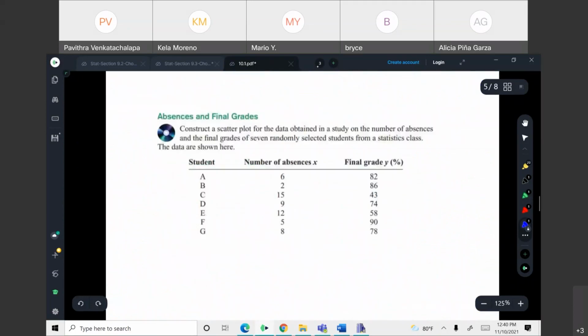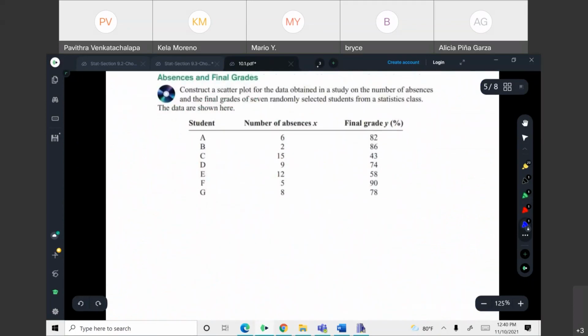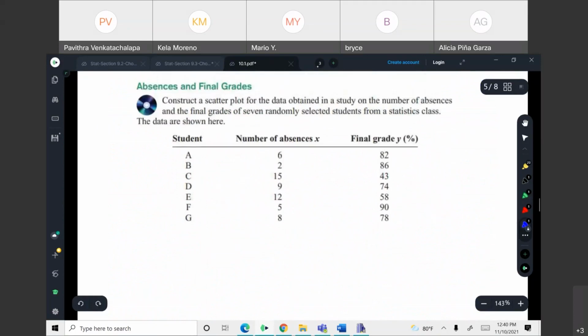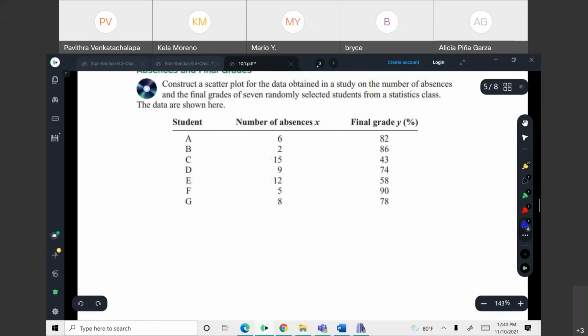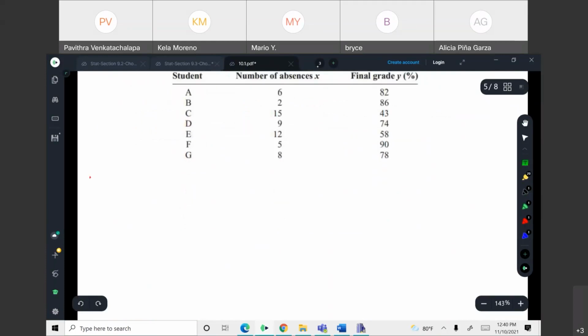And you have one more example here. You can go ahead and do the same thing. First, construct the scatter plot, a rough diagram is fine.